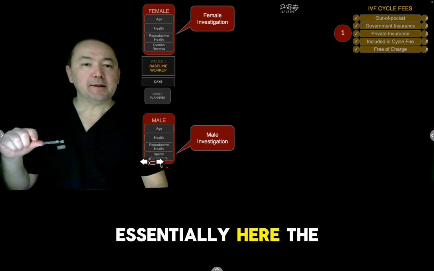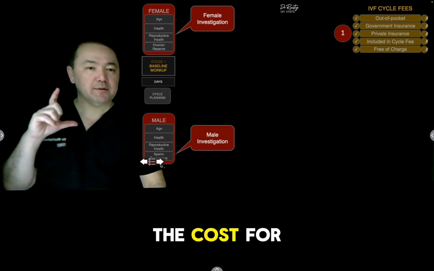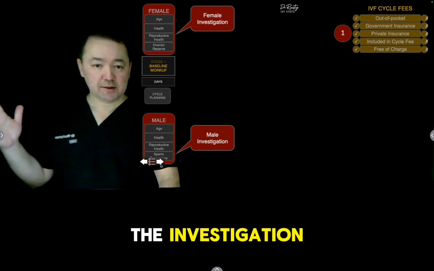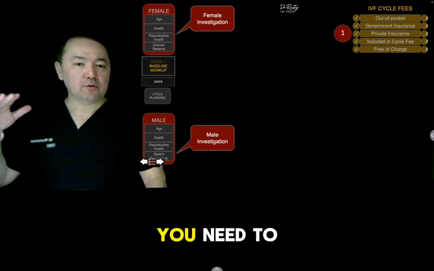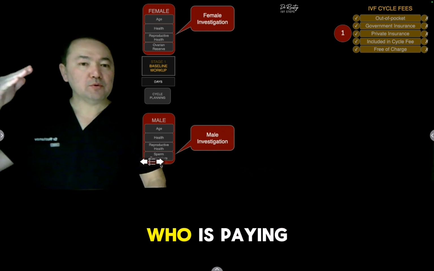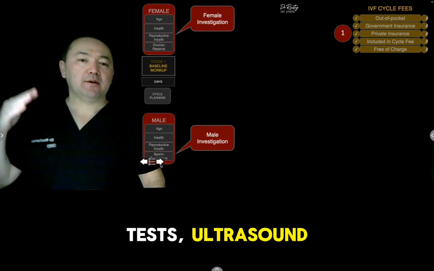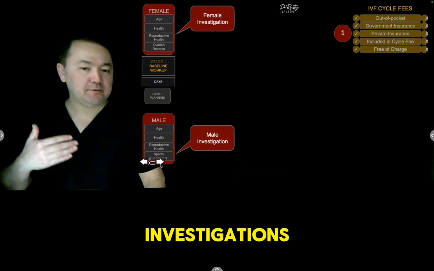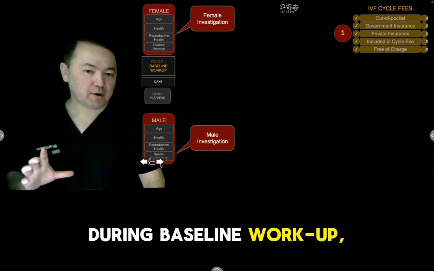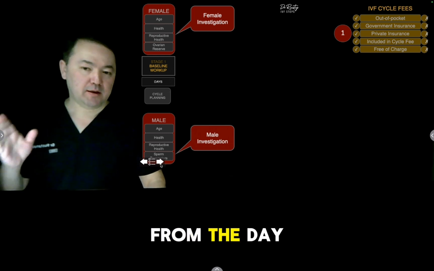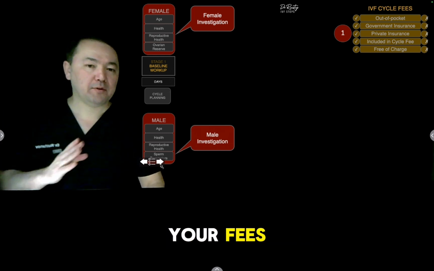The first item is the cost of investigation. Of course, your IVF starts with the investigation. You need to find out who is paying for female investigations, all those blood tests and ultrasound scans, and male investigation during baseline workup. It's even before your IVF treatment. You start tracking from there. From day one, you start tracking all your fees.